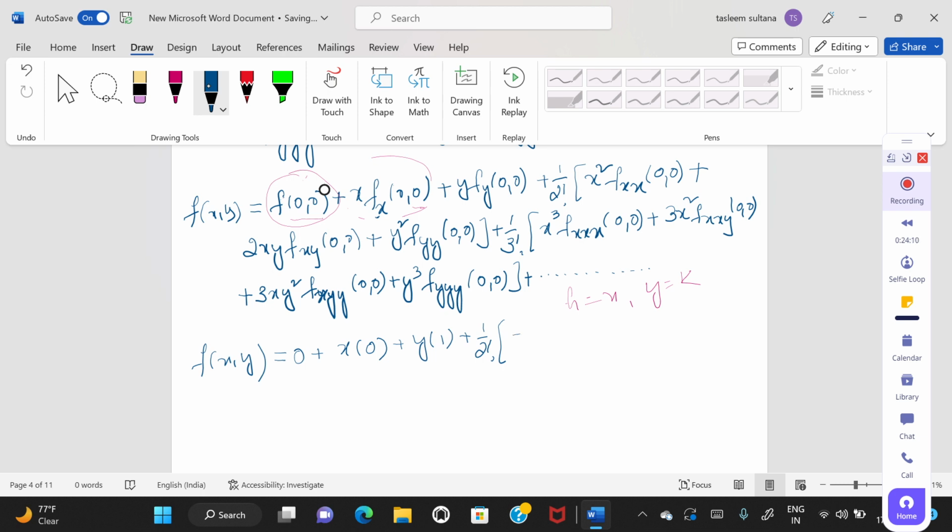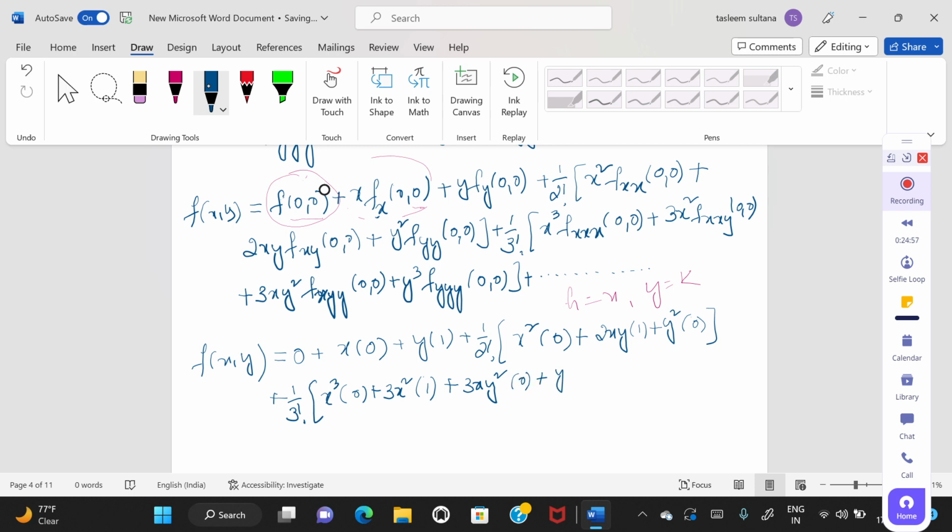It's 0. x square into 0, then plus 2xy, f of x comma y value we got equals 1, then plus y square, f of y comma y that value is equal to 0, plus 1 by 3 factorial of x cube, f triple x value is equal to 0, then plus 3x square, f of x square into y value is equal to 1, then plus 3xy square, f of y square into x value is equal to 0.